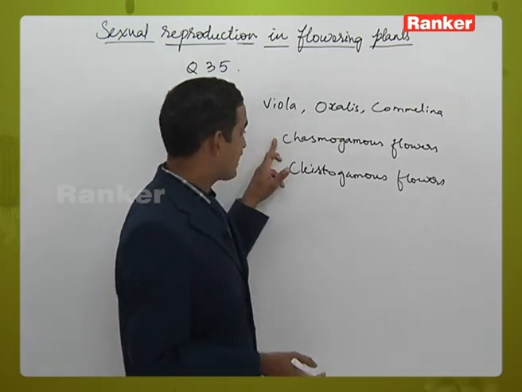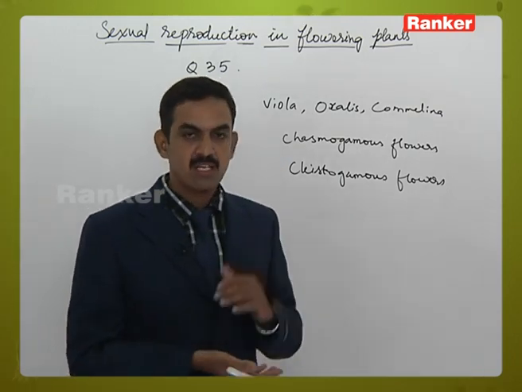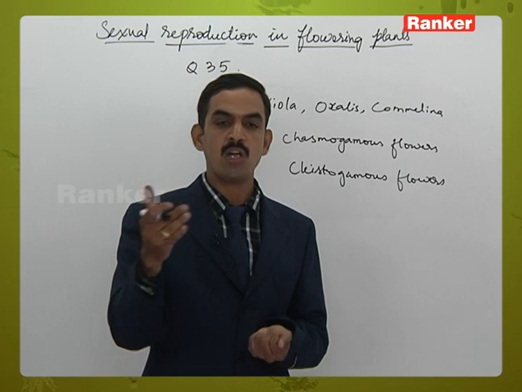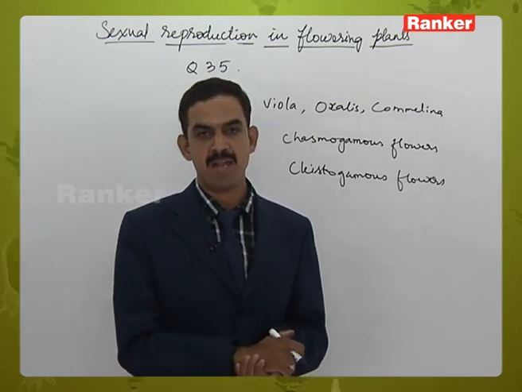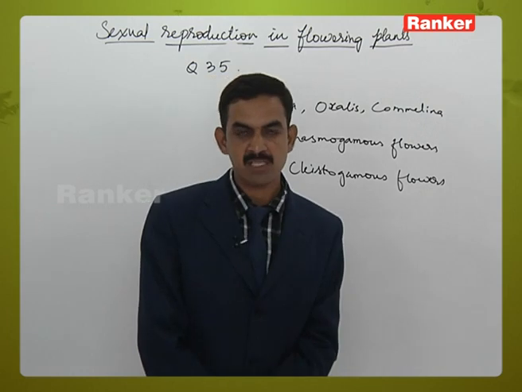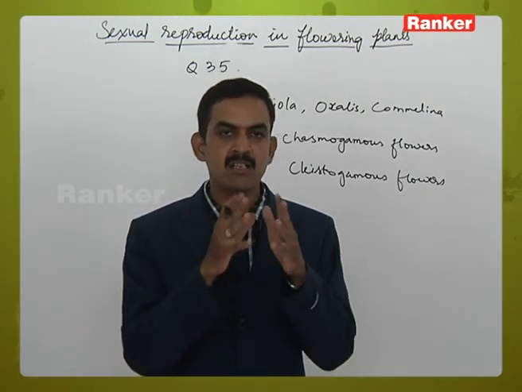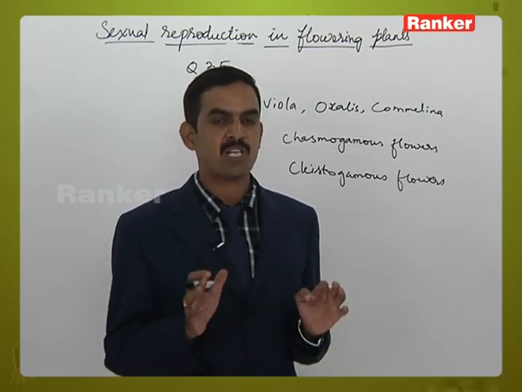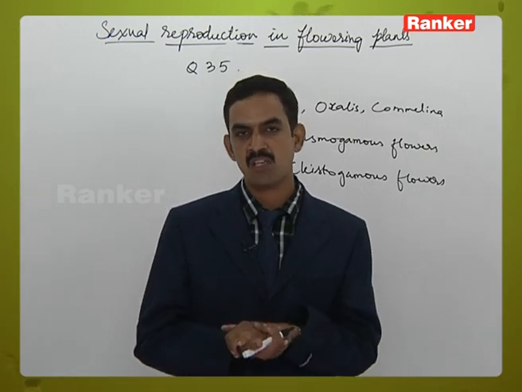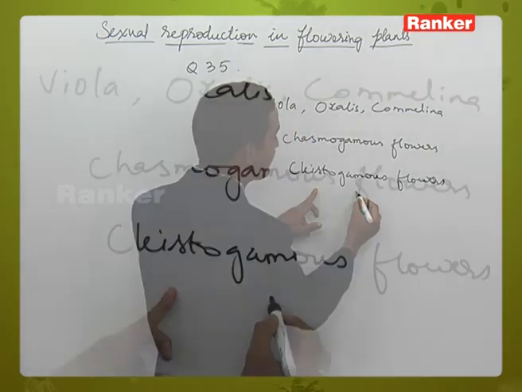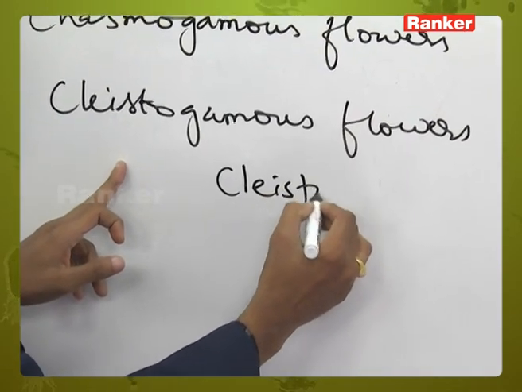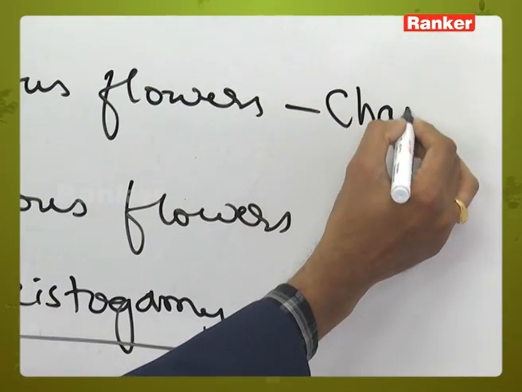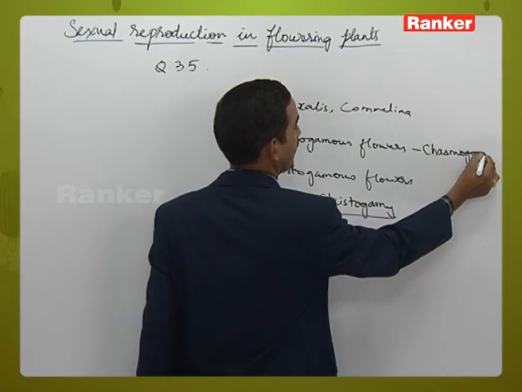In chasmogamous flowers, as in other plants, the essential organs are exposed to the environment and they carry on cross pollination. But in cleistogamous flowers, the essential organs are enclosed inside the perianth parts. They are not exposed to the outer environment, so there is no chance of cross pollination. They have to go only for self pollination. The self pollination taking place in cleistogamous flowers is called cleistogamy, whereas the pollination taking place in chasmogamous flowers is called chasmogamy.